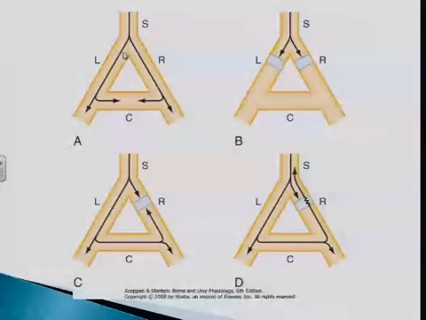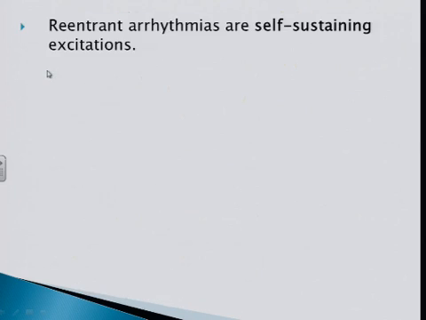You go through two different pathways, you excite, you meet in the middle, two wavefronts hit each other, everything is excited, everything is refractory, you can't go anywhere, and the rest of the tissue is excited perfectly normally. So an extra pathway is fine 99% of the time, or even more, maybe 99.99% of the time. But your heart beats a lot, so even small percentages are going to cause problems if they occur.